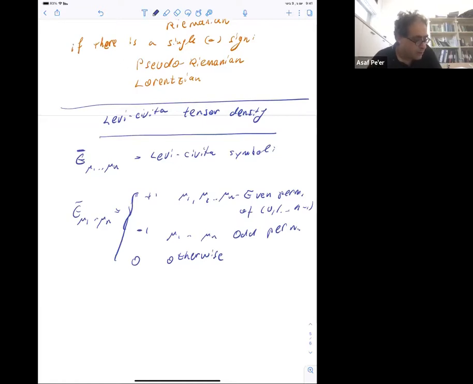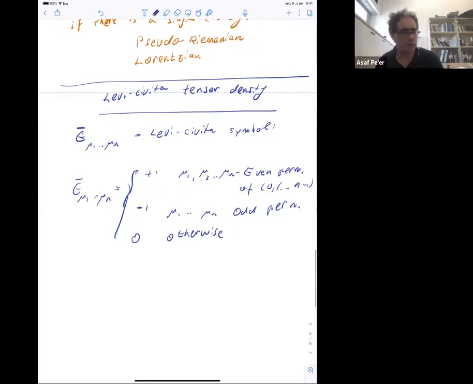Now, the reason why it's not a tensor, but I call it a symbol, is because this is true in any coordinate system. I did not specify what the coordinates are. That's what makes it not a tensor. Now, in order to make it a tensor, what we need to do is go back to linear algebra textbooks and realize that when we transform the coordinates, the Levi-Civita symbol in the new coordinate system gets an extra factor of the determinant.